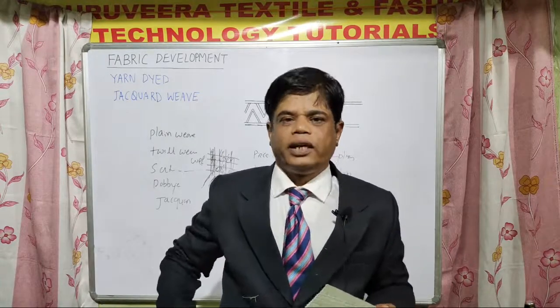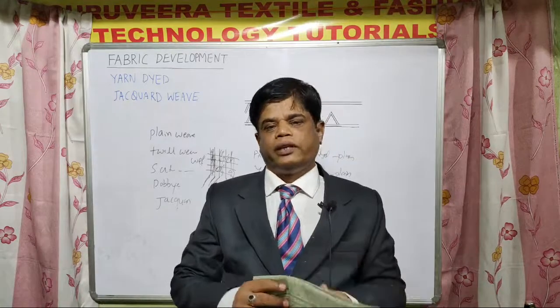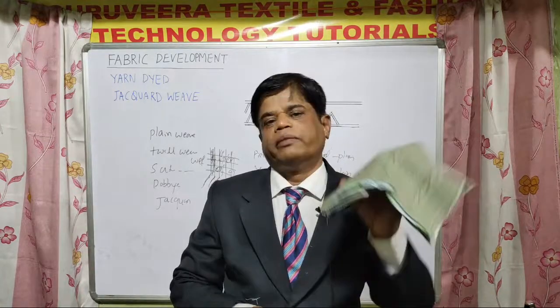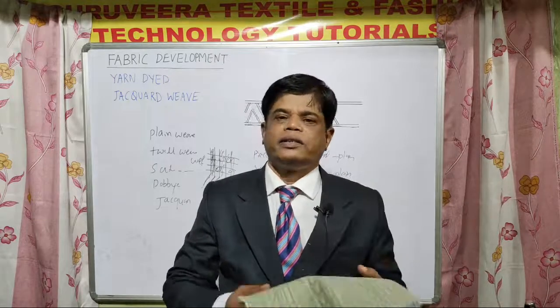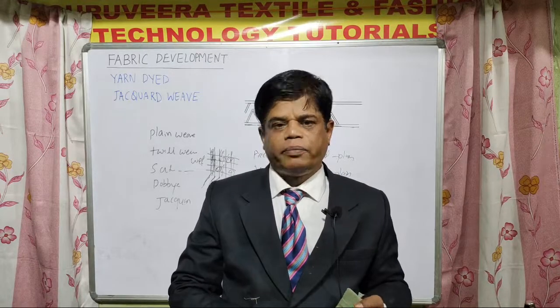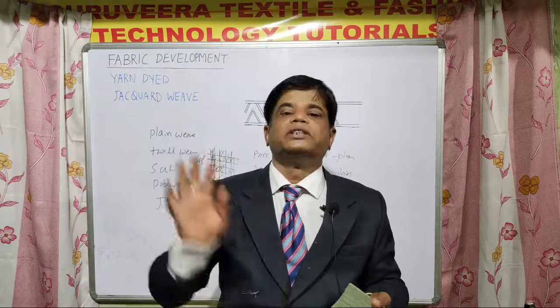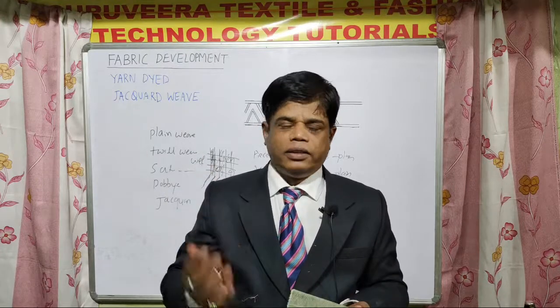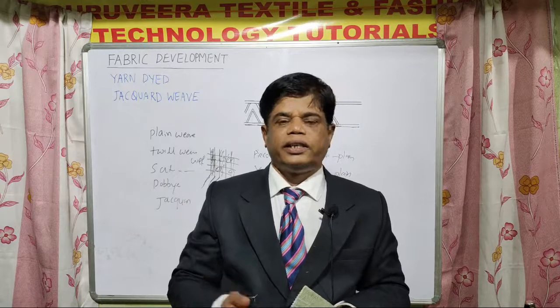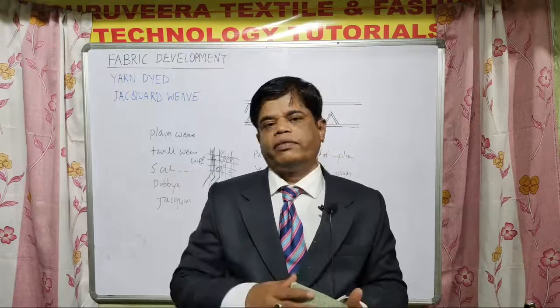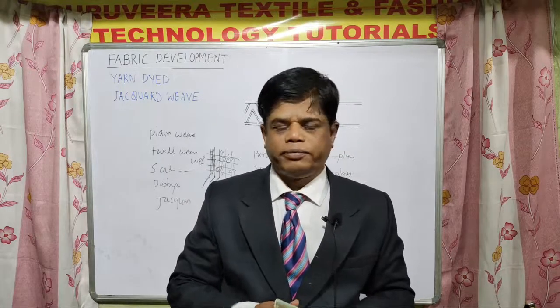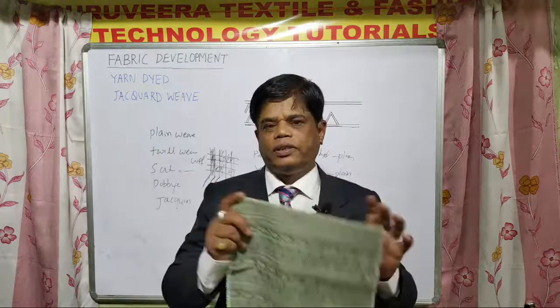When I was working in the fabric export house company, I used to develop such fabrics. Many hundreds of fabrics I have developed, from basic plain weave to Jacquard fabric, in cottons, synthetics, taffeta, and functional fabrics. So this is one of the developments.